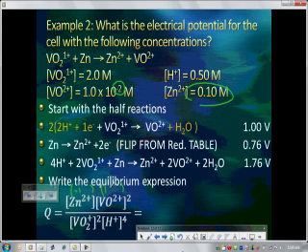It's 1 times 10 to the minus 2. Gosh, I wonder if I did that right when I solved this problem, because I didn't have that superscript there before. And then VO2 was 2 molar, and that's raised to the 2nd power. Whoops, I need to raise that to the 2nd power. And then hydrogen ions is 0.5 molar, and that's raised to the 4th.